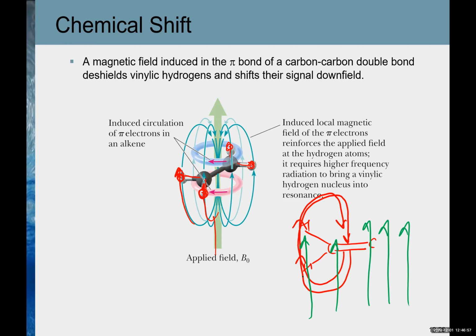Hence, they do not shield it. Therefore, the signal of hydrogen or protons connected to a carbon-carbon double bond is towards the de-shielded region or downfield, not upfield. If hydrogen happened to be in this region, then it would be protected. But unfortunately, hydrogens in a double bond are not at this point. So that's the entire reason.